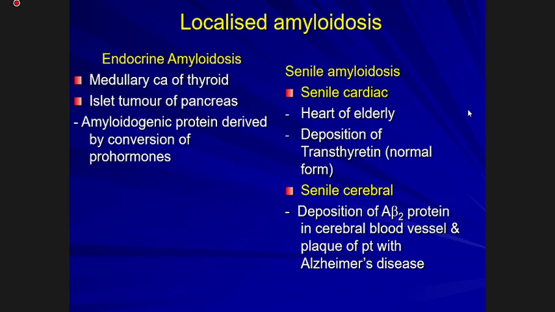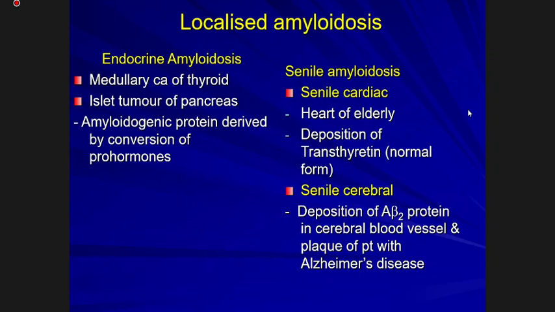Next we go into localized amyloidosis. This is more on endocrine amyloidosis, for example, medullary carcinoma. We think about calcitonin, a protein secreted by the tumor, which can form amyloid.